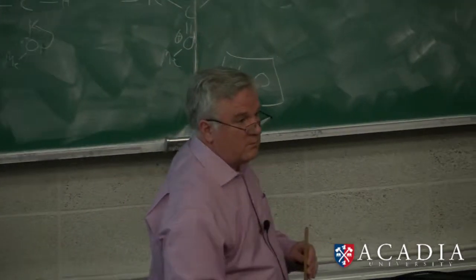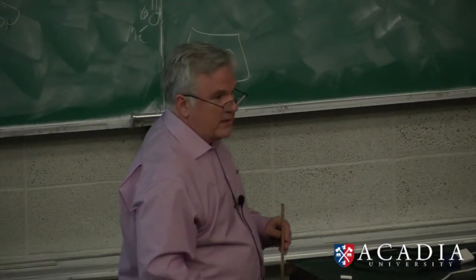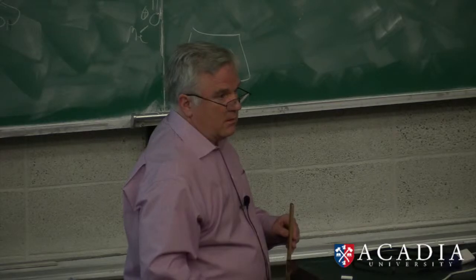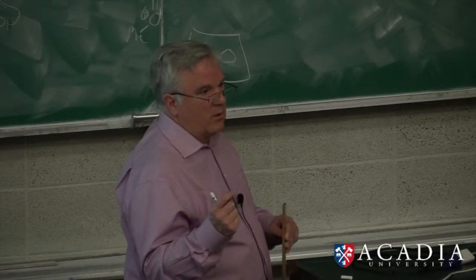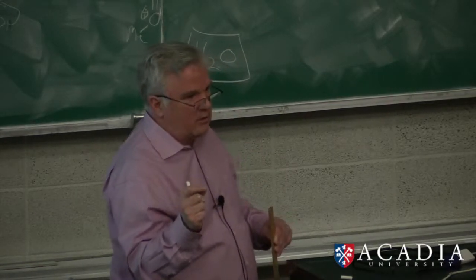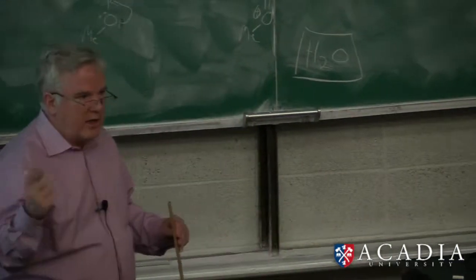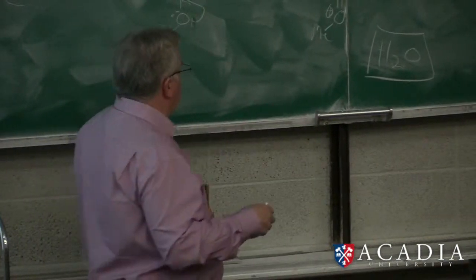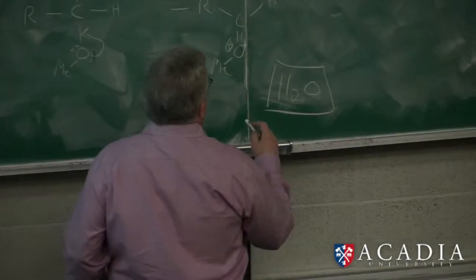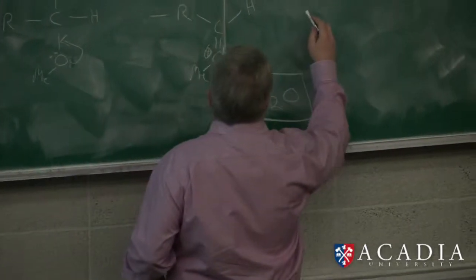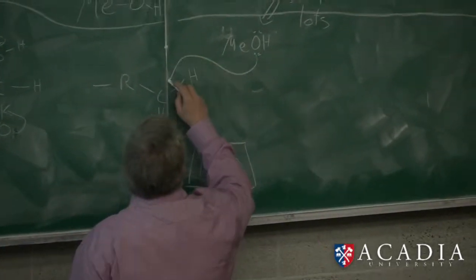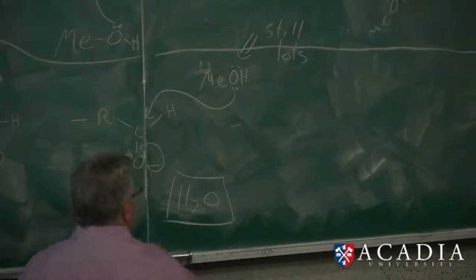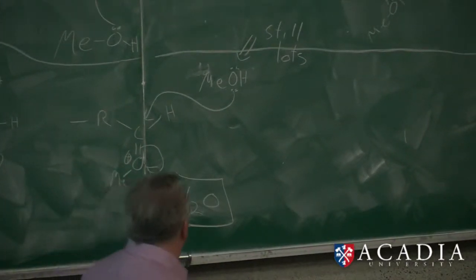Pardon? The methanol. Methanol is our solvent. So we have lots and lots of methanol around. Whenever we need one, we just bring one in. Okay? So our methanol then is just going to attack that electrophilic carbon.